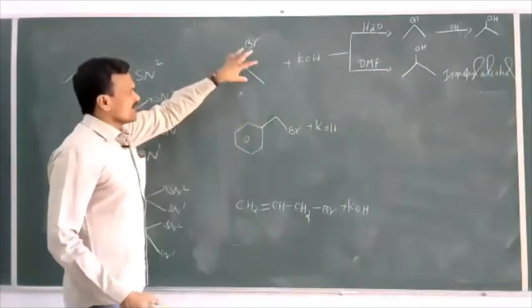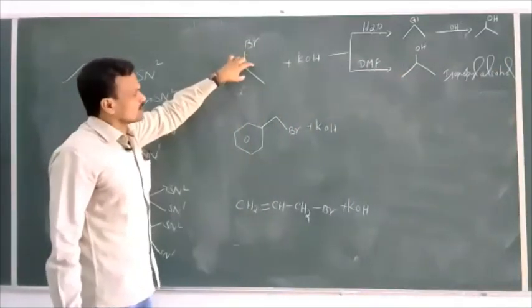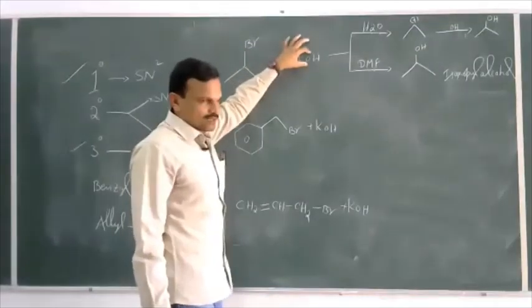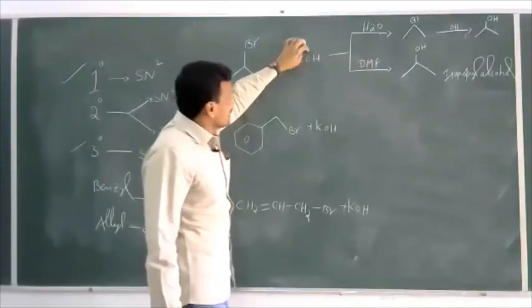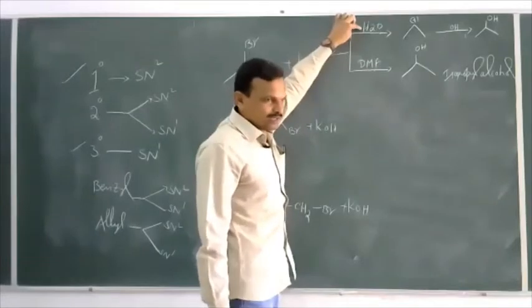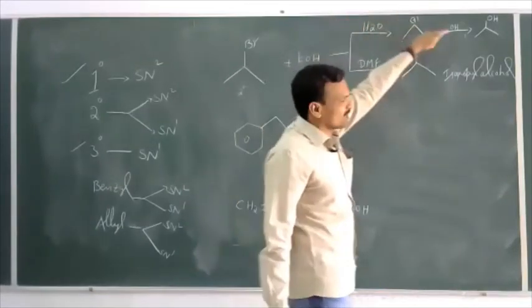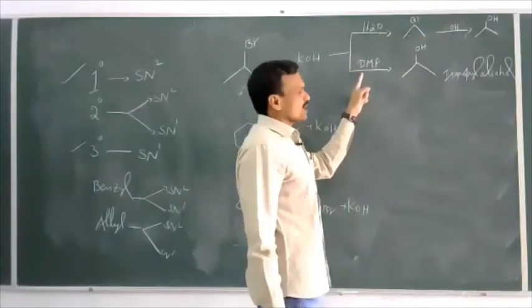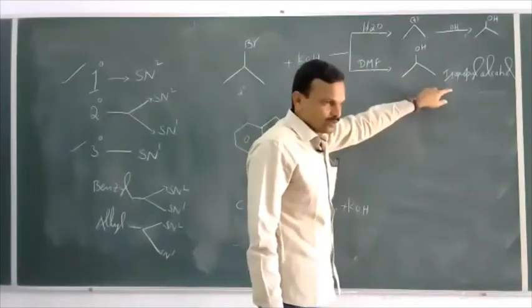So if a secondary haloalkane is allowed to react with OH minus, a nucleophile, a polar protic solvent favors SN1 and a polar aprotic solvent favors SN2.